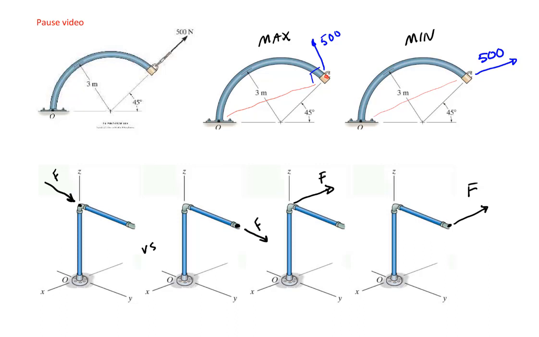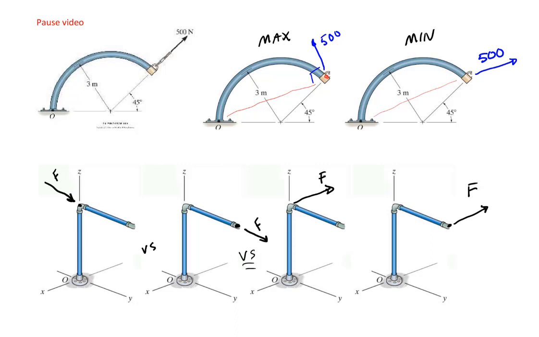Now in case 2 versus case 3, I'm having a moment about point O around the x-axis here, and it'll have some magnitude based on that lever arm. In this case, because I'm applying it here, it's going to have the same magnitude because it has the same lever arm. It's going to be rotating about that axis a different way, but it has the same magnitude. So 2 versus 3 are going to be the same magnitude as well.